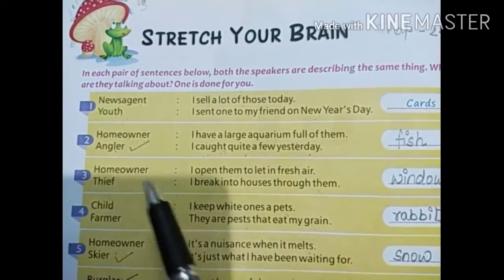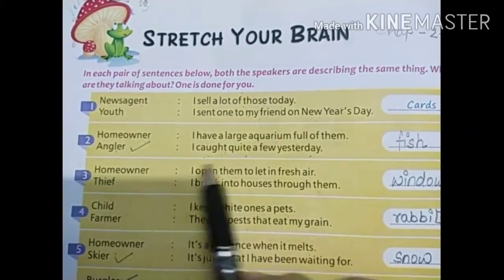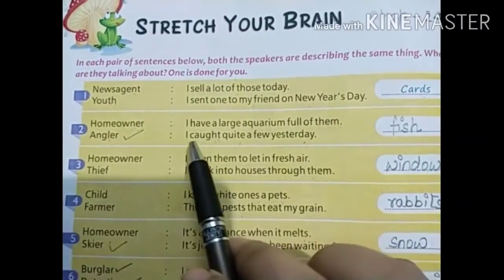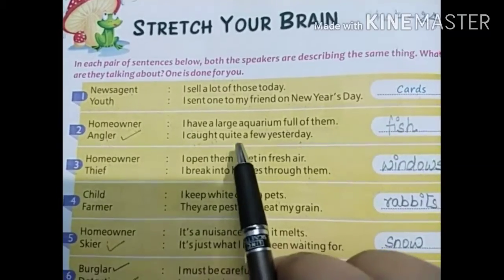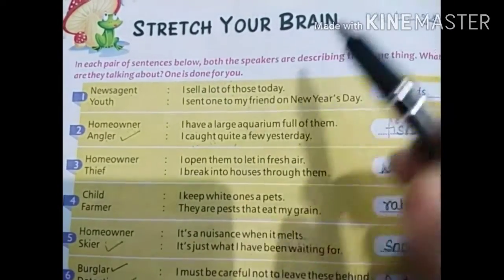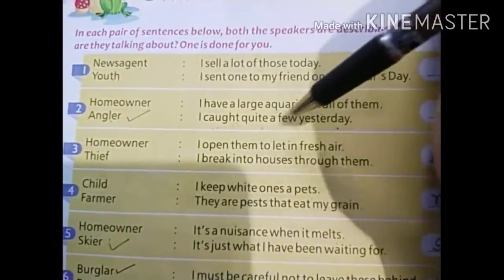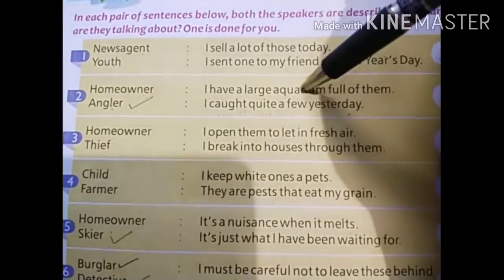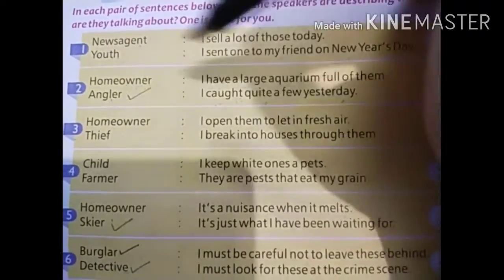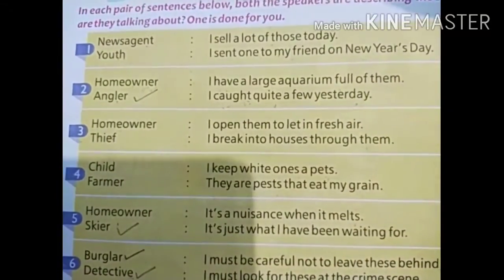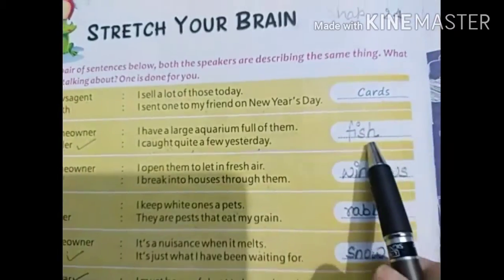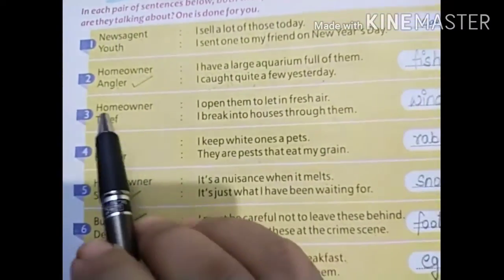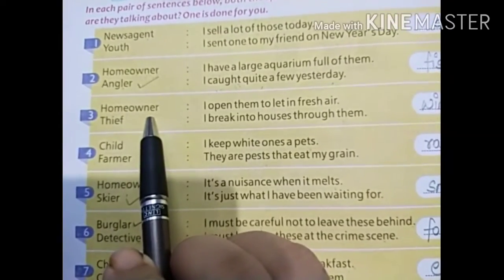And the angler, a person who catches fish, says, I caught quite a few yesterday. So what are they talking about? Aquarium, you know children, aquarium contains what? Aquarium has fishes. So the homeowner and the angler are talking about fish. So we will write fish here.